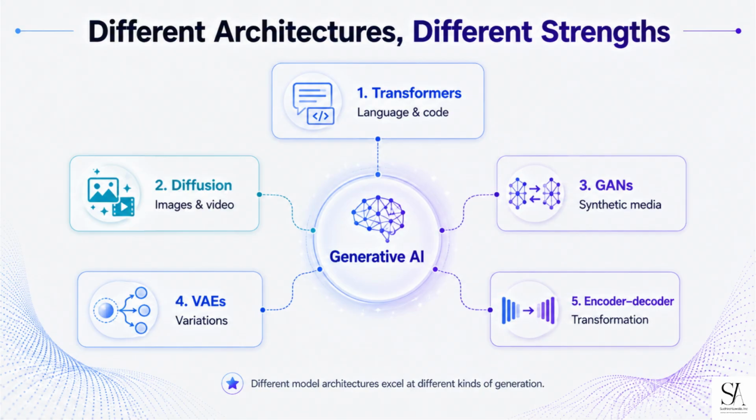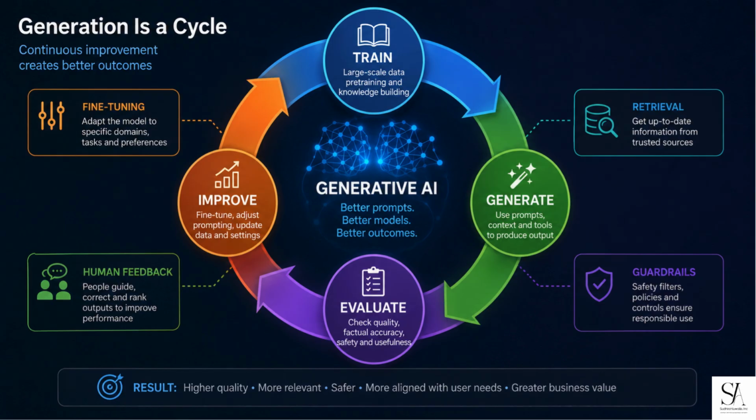And finally, there are encoder-decoder systems. An encoder converts an input into an internal representation. A decoder then uses that representation to produce an output. This approach has been widely used for tasks such as translation, summarization, image captioning, speech processing, and conversion from one type of content into another.